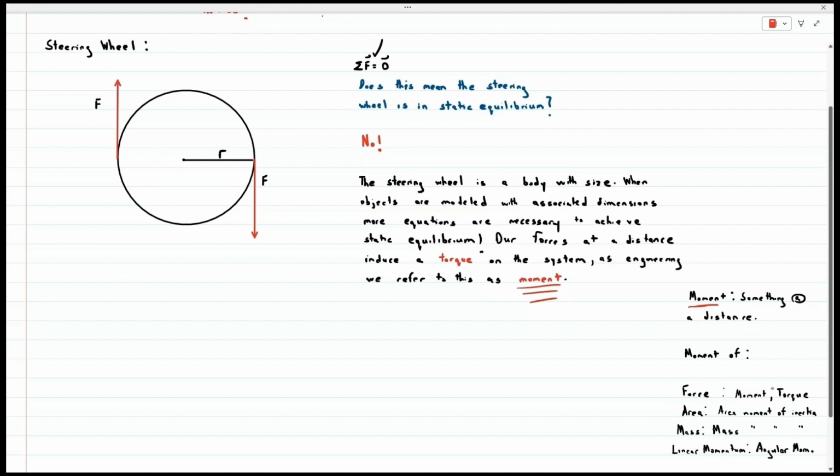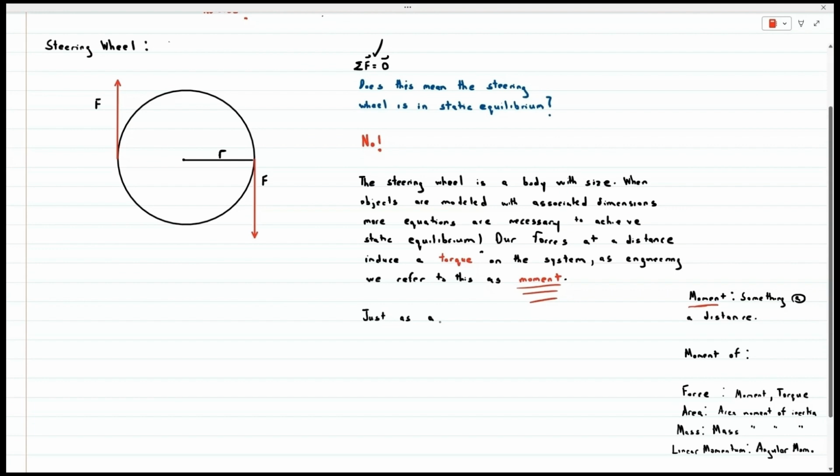The moment of area we'll explore later in this course, and the moment of force is what we're talking about right now. Sometimes we refer to it as a moment, and other times we'll refer to it as a torque. It depends on if that moment is normal to the cross section or parallel to the cross section. But we'll talk about that in further lectures.